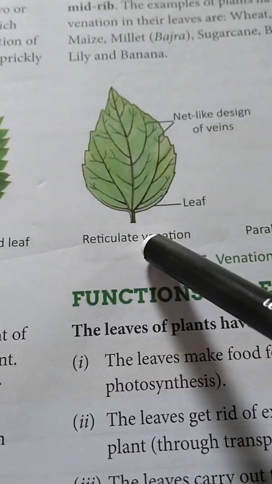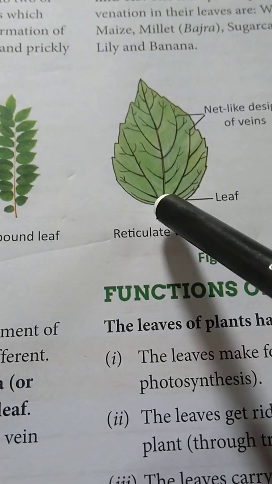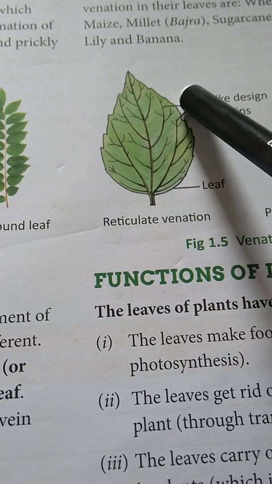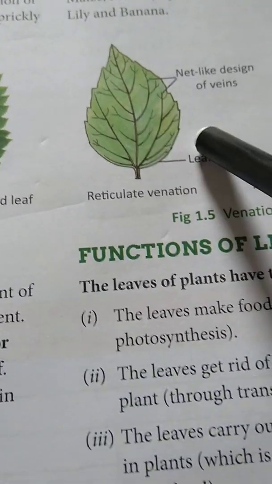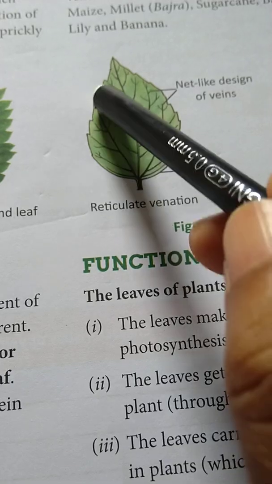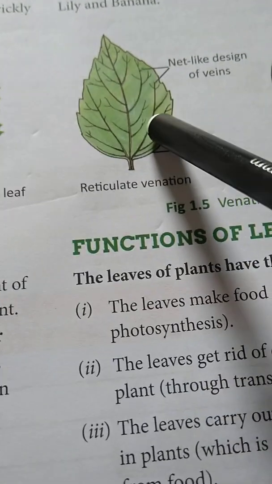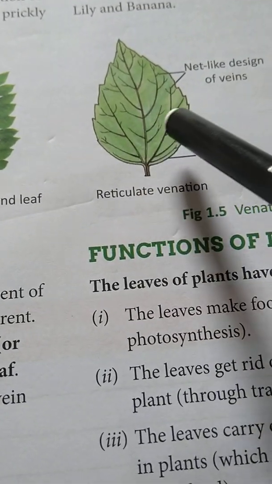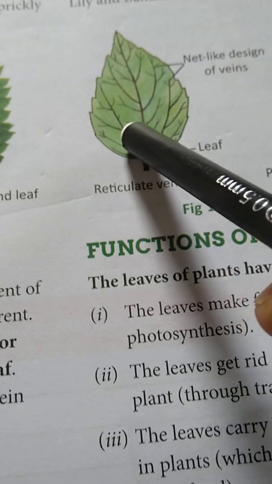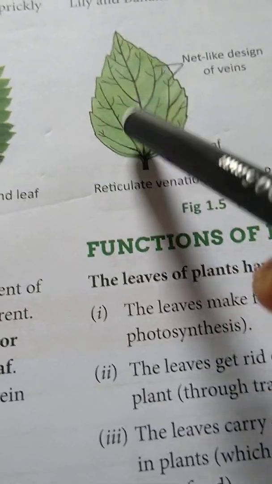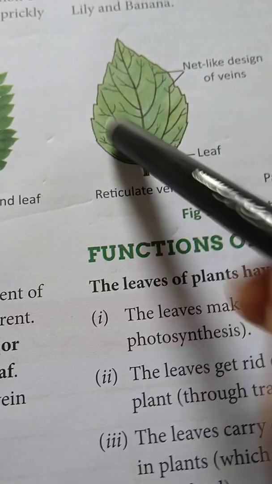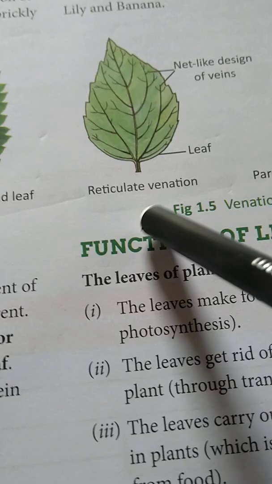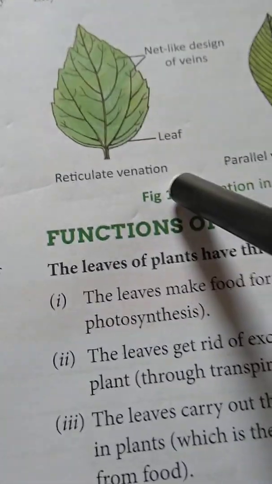In reticulate venation, the midrib is divided into thin branches, the veins. Again, veins are divided into small thin branches, the veinlets. Together, veins and veinlets form a net-like structure. They are coiled or fused with each other. This type of network-forming venation is known as reticulate venation.